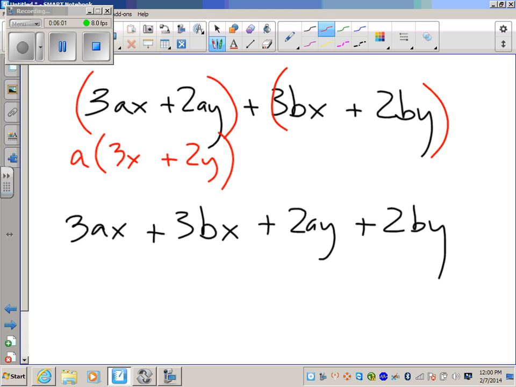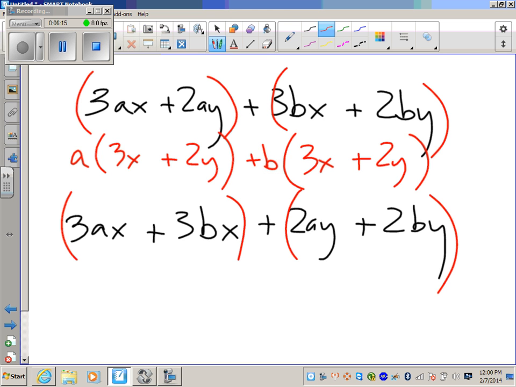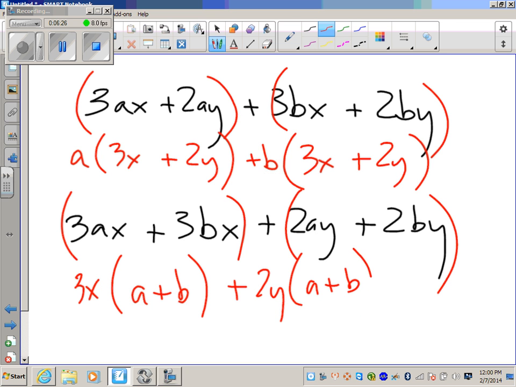Here I have what? Just B? Okay, and then I should have 3x plus a 2y. Here, 3x, and we should have a plus b. And here 2y, and an a plus b. Either way, when you put them together, you're going to have what? 3x plus 2y, a plus b.